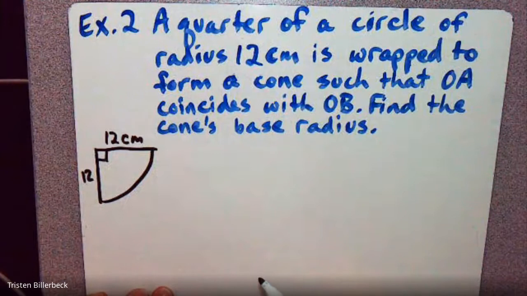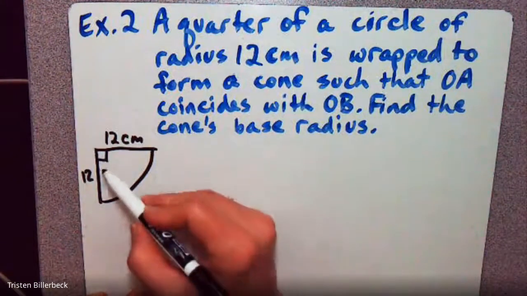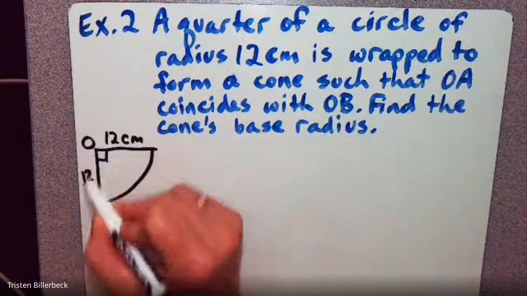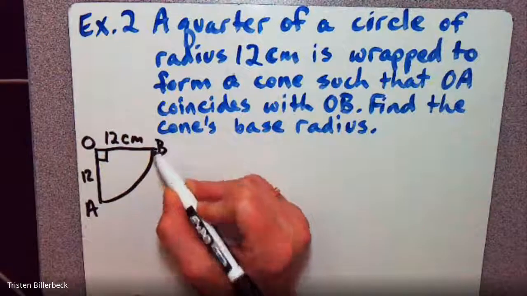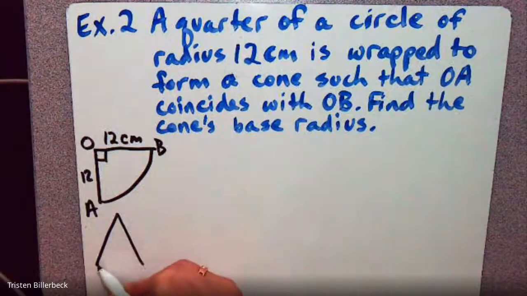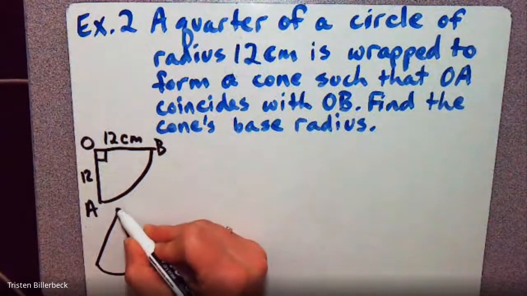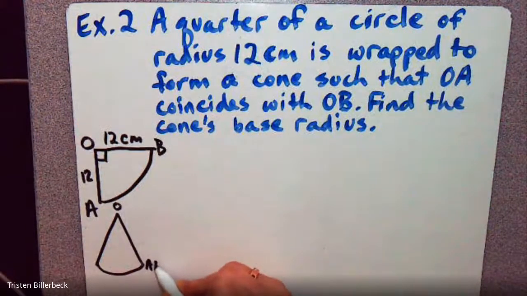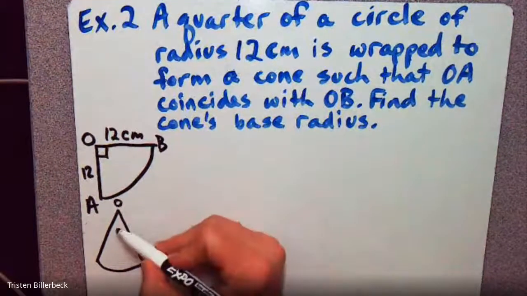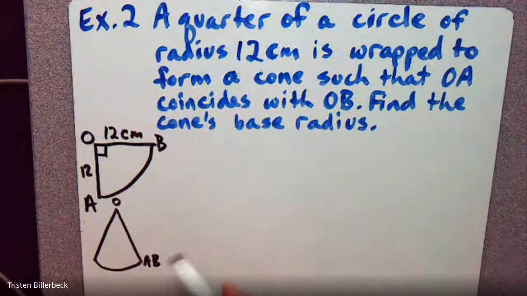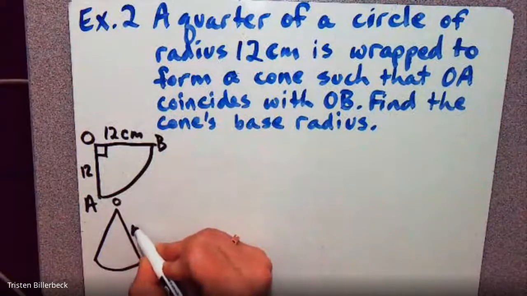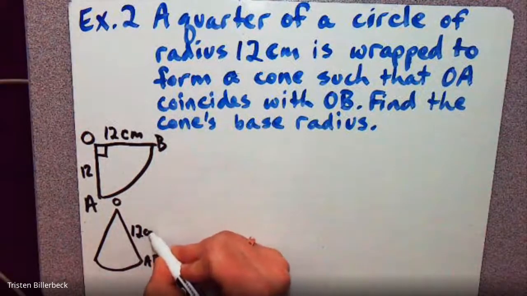Okay, so now we're going to take this, and then this is O, A, and B. So what they're saying is when we make this into a cone, O and then AB are going to be right together. So we're going to match them up. So they get matched together. This side will match up with that side. So this will be 12 centimeters right there.